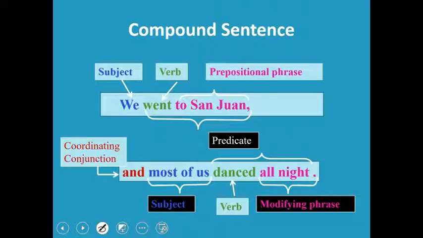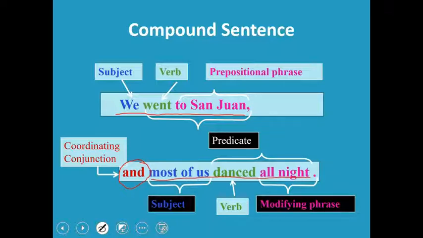So we got one simple sentence and another simple sentence. We went to San Juan, most of us danced all night. It's two simple sentences, and we are going to put them together with a coordinating conjunction, in this case, and. We went to San Juan, and most of us danced all night.